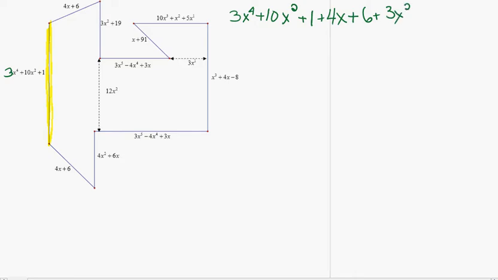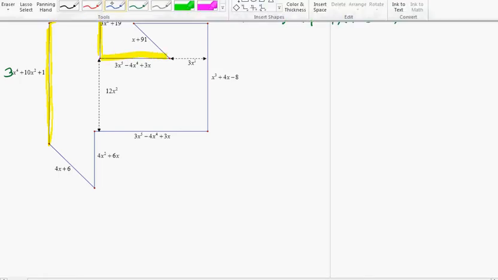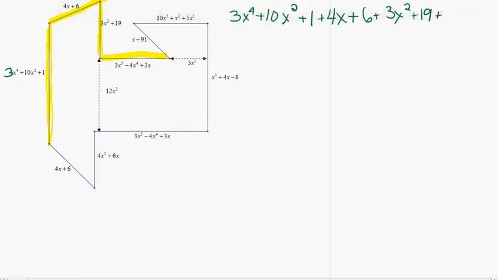3x squared plus 19. So now I've taken up that one and also this one. I'm going to now do this one by adding 3x to the 5th minus. Be really careful with your signs and your numbers. Take some focus, even though it seems like a tedious task.